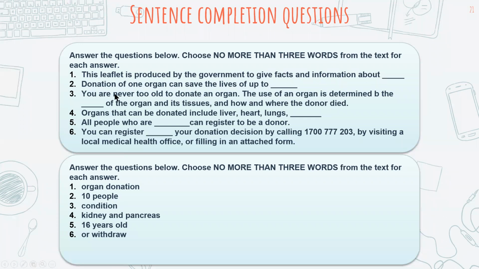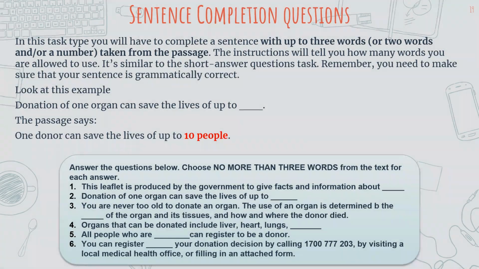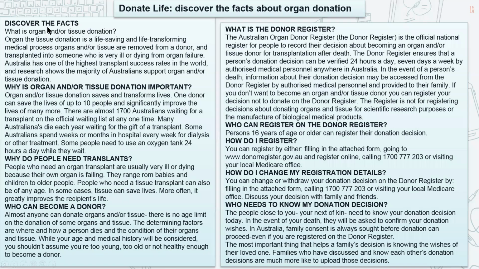Okay, so let's check the second one. Donation of one organ can save the lives of up to. So I have donation, save the lives. These are the keywords. If I go back to the text, start with the first paragraph, discover the facts. No, I don't think I will find the answer in the first paragraph because it's about the facts. Why is organ donation important?